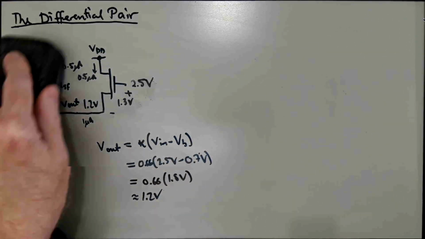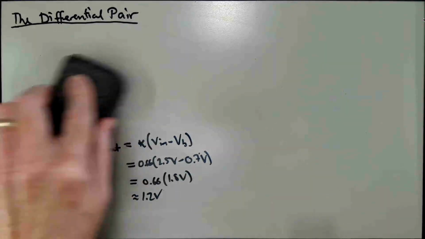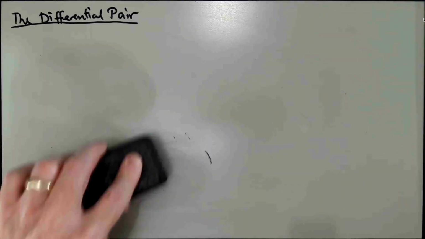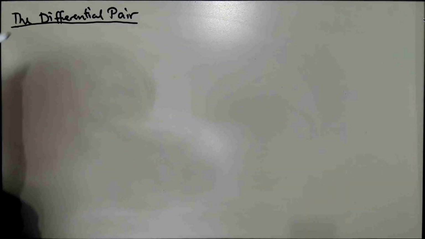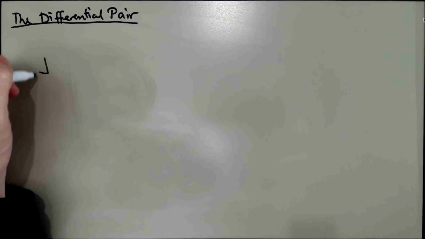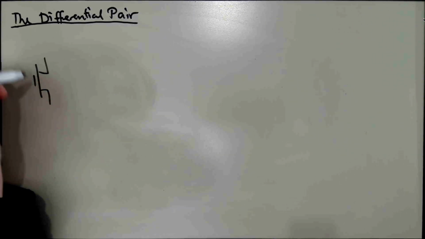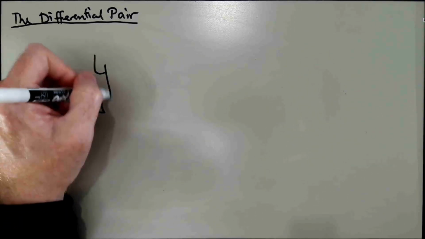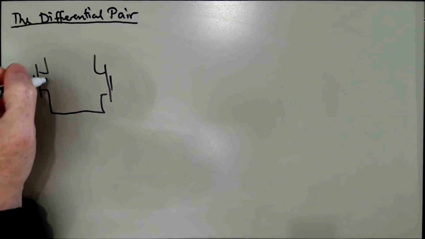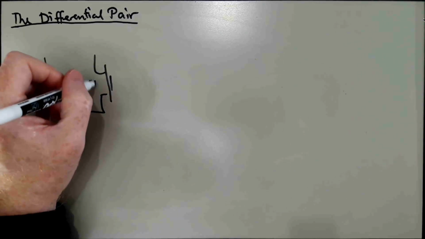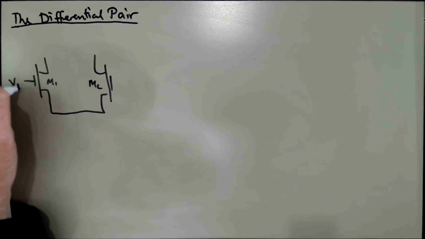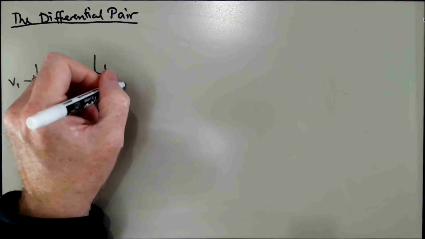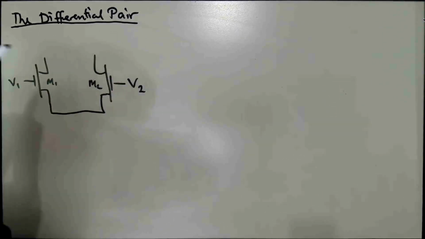Now we're going to go back and kind of lay out the diff pair and talk about it qualitatively in its own right here. So let's suppose we have two transistors that we will call M1 and M2, very creative, and the two input voltages here to the circuit will be V1 and V2.